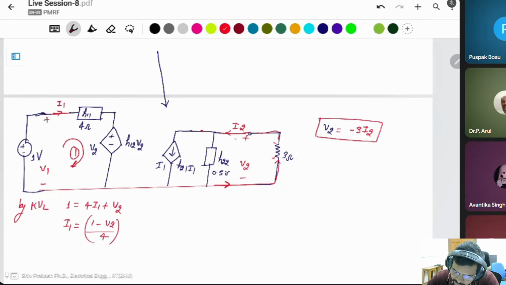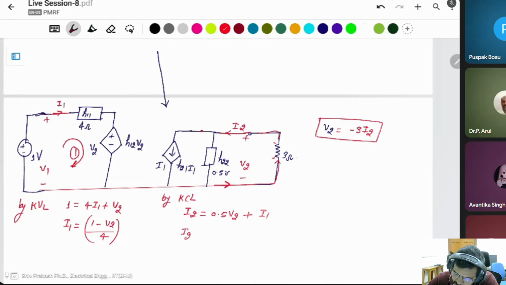Okay, apply KCL here. What is I2? I2 is H22 V2, and H22 is 0.5, so it is 0.5 V2 plus H21, which is 1, times I1.